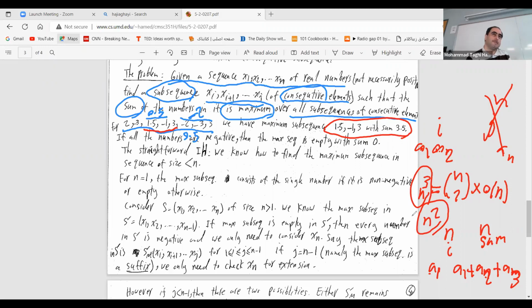Why? Because you need to compute the maximum. We have a few approaches to one proof.